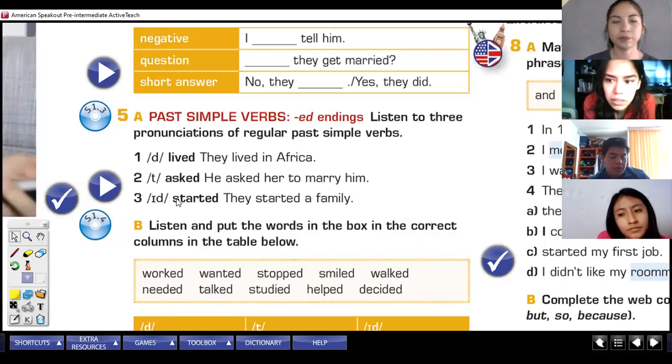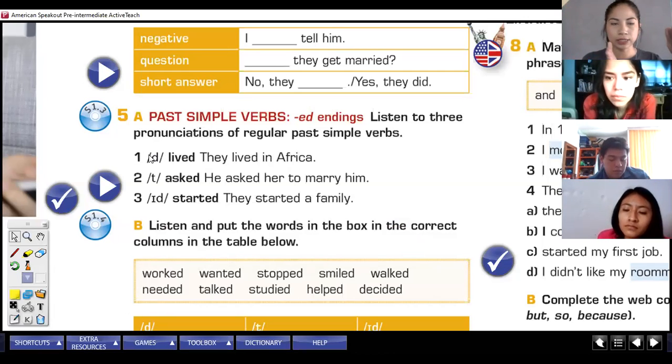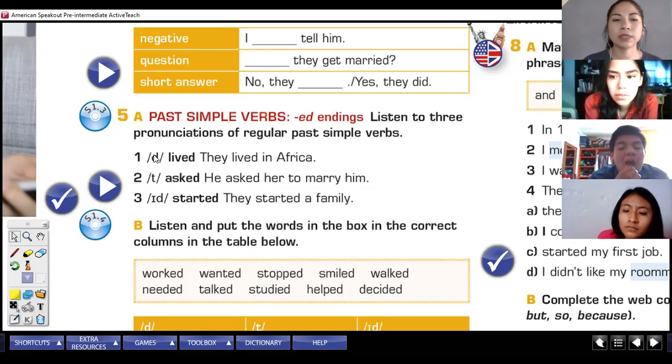Started. Every time that you see the slashes here, it represents a sound, okay? The sound of D, the sound of T, and the sound id. The first ED pronunciation is the sound of D. You say lived.